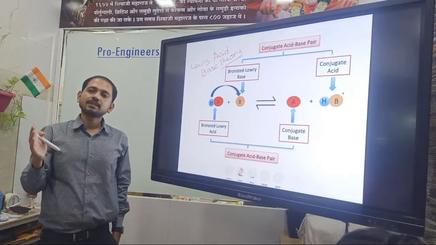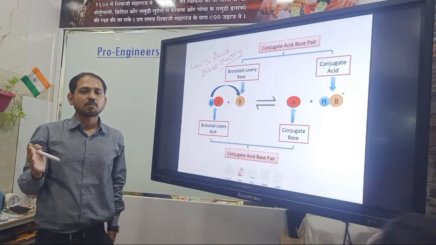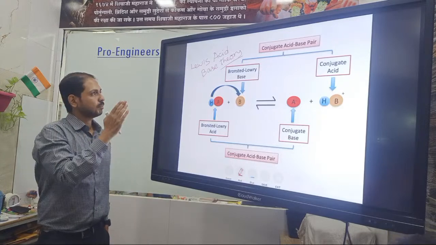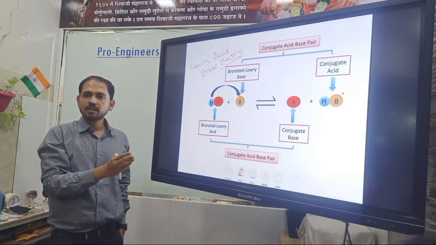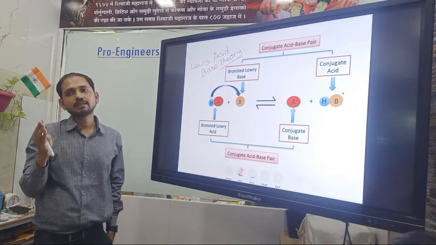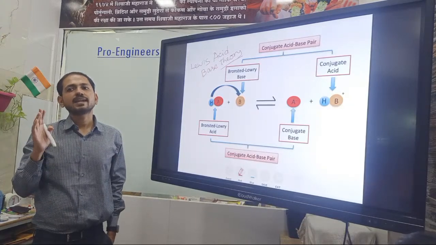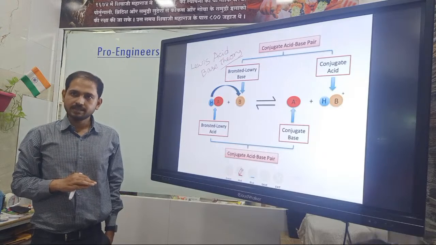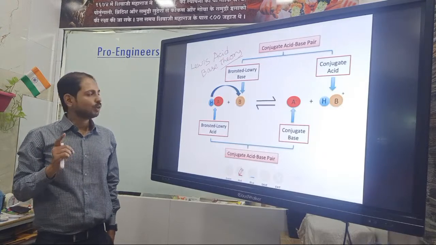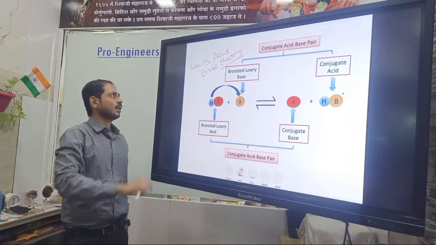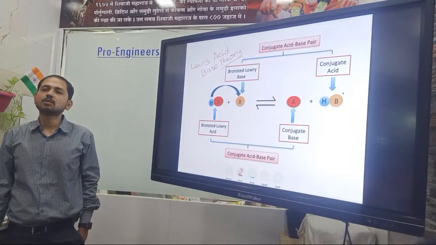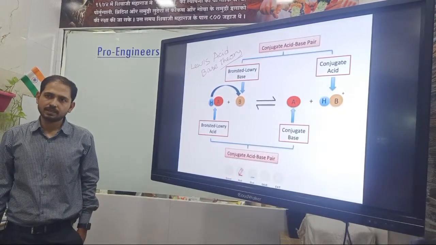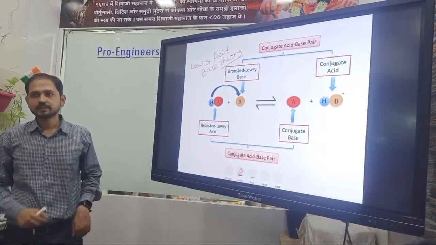AlCl3 and BCl3 are acids, but neither Bronsted-Lowry theory nor Arrhenius theory explains the acidic nature of AlCl3 or BCl3. So for that we need to study another acid base theory, that is called Lewis acid base theory, right?